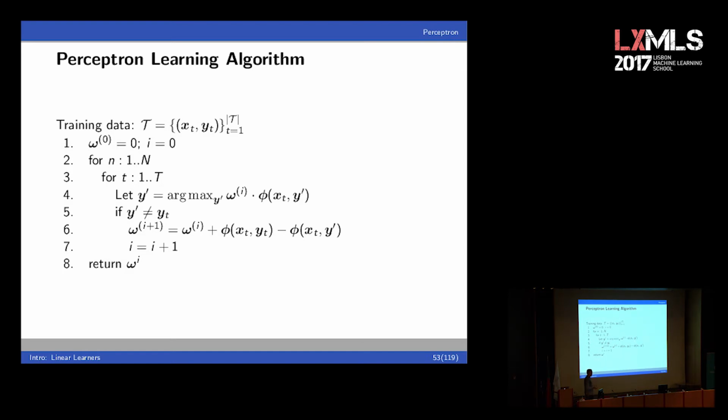If we did it right, then we do nothing. We continue to the next example. If we did it wrong, then we update our weight vector by adding the feature representation of the gold standard label, and subtracting the feature representation of the example that we wrongly predicted. So this was the idea of the perceptron algorithm.